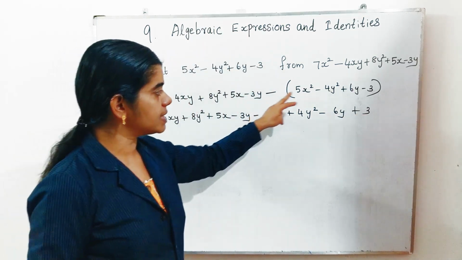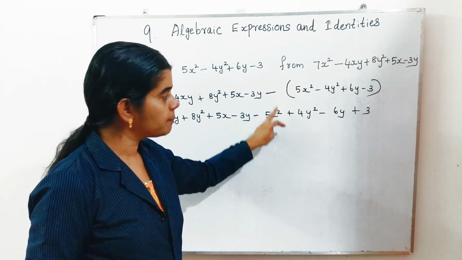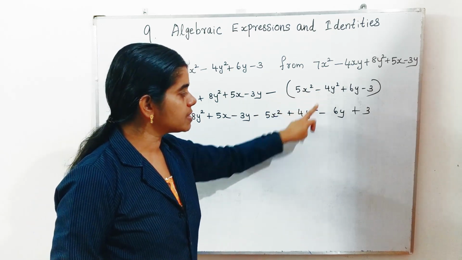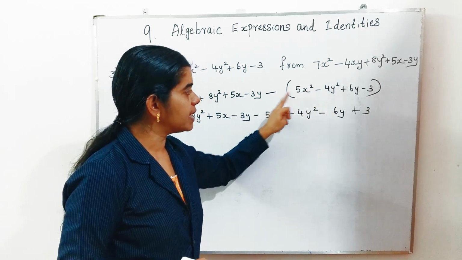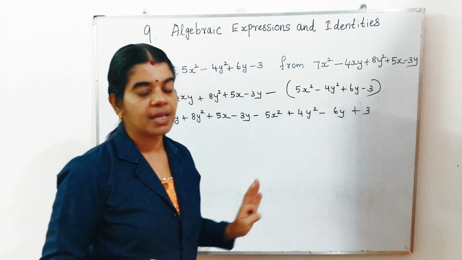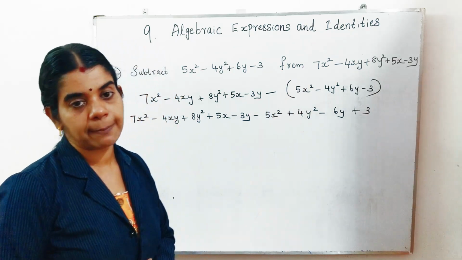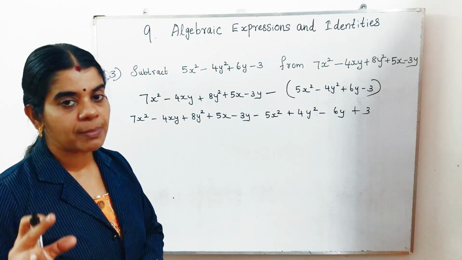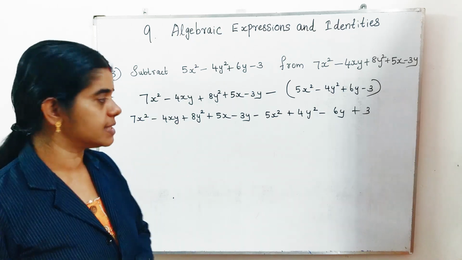Using that minus, all the numbers inside the bracket you want to multiply. Two minuses coming, it will become plus. One minus and one plus, that will become minus itself.